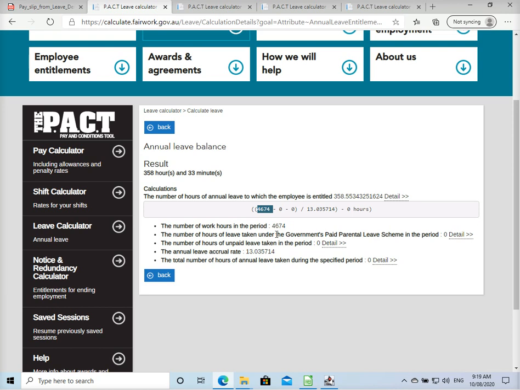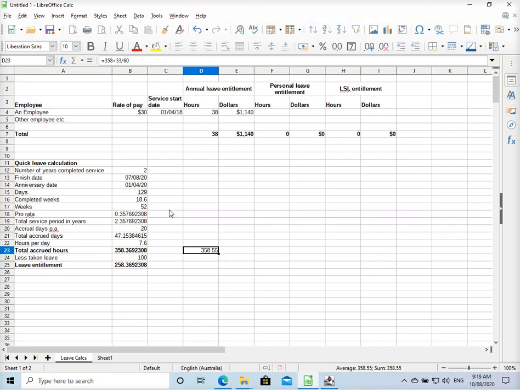So the way I calculate it with this completed years of service is just per the rule. So you've completed a year, then you get the 20 days.